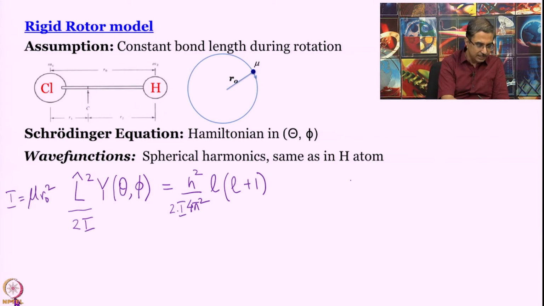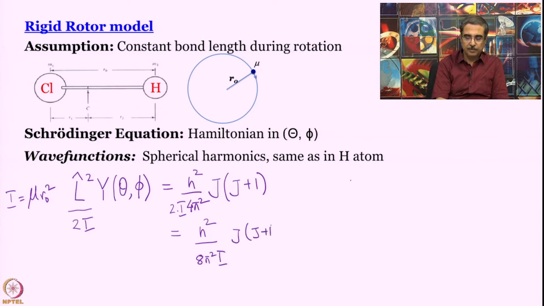We will make only one change here, we will not write L. When you talk about a rigid rotor, it is conventional to write J as the quantum number instead of L. J is the rotational quantum number, for all practical purposes the same as the azimuthal quantum number in the hydrogen atom. Okay. So, let us write it a little better. This turns out to be h square divided by 8 pi square I into J into J plus 1.